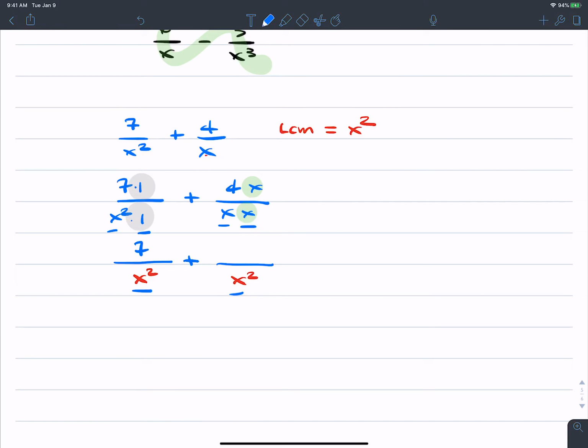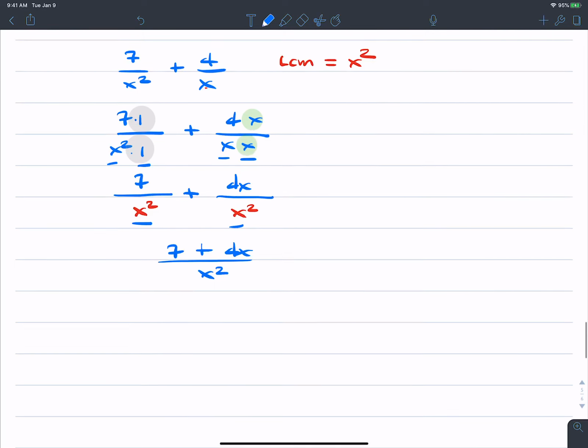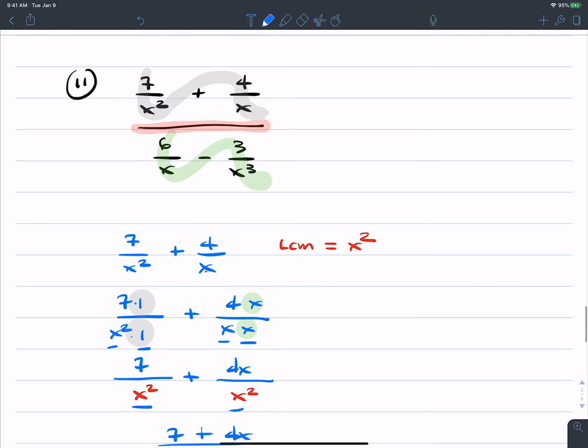So we have 7 here, we have 4x here. So this sum becomes 7 plus 4x over x squared. That's our first fraction.